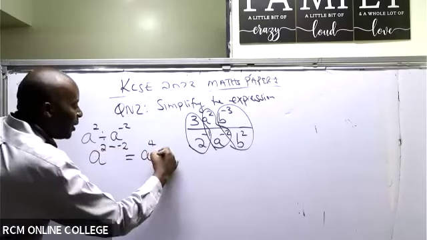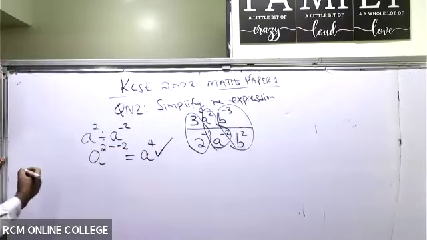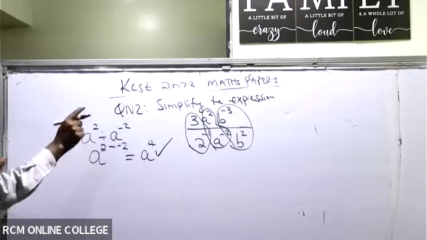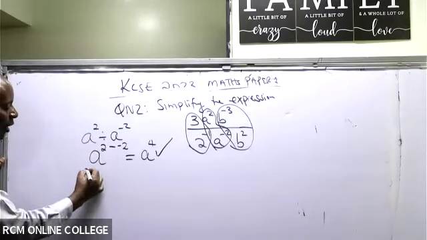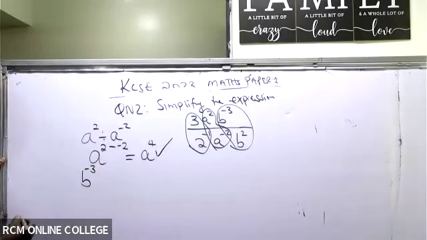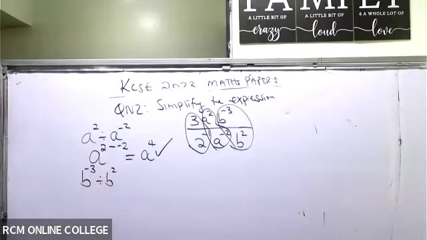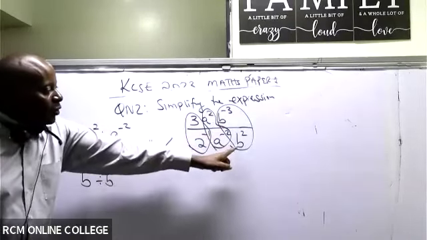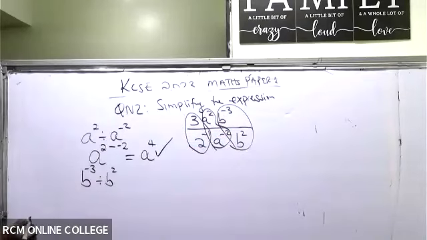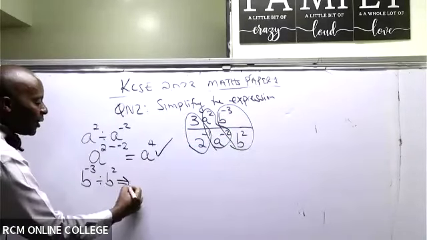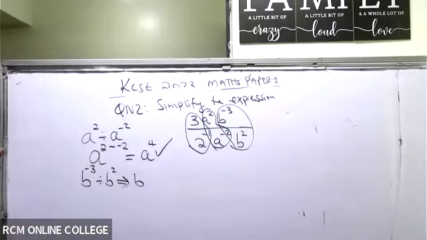Then this is tick. Then I go to the second element, which is b raised to power 3 divided by b raised to power 2. I'm taking this divided by this. Then I write one base, which is b.